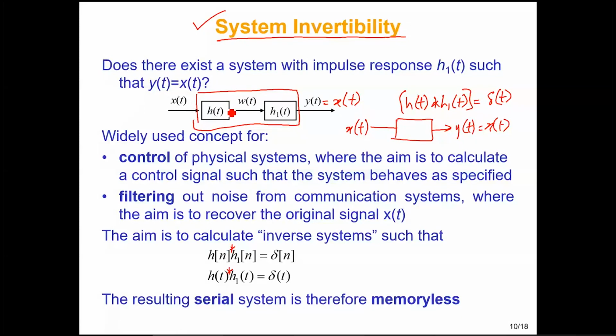If you have two systems and the second one is the inverse of the first one, and we make an equivalent system, the impulse response is just the convolution of these two, and that convolution will end up giving you delta as a result. So if the impulse response of a system is delta t, then the input will be the same as the output, because anything convolved with an impulse gives you the same thing back.